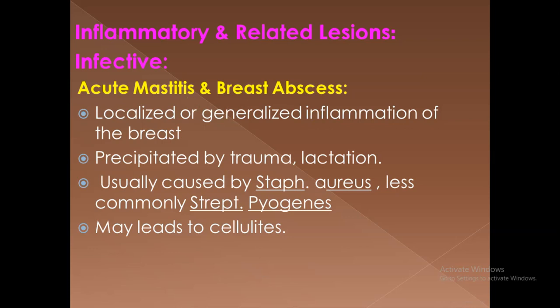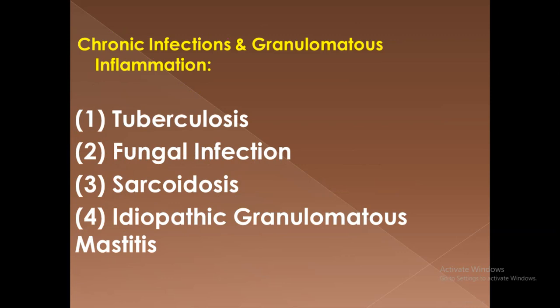In acute mastitis, it can be either localized or generalized inflammation of the breast, and it can be precipitated by trauma or lactation. The most common causative microorganism is Staphylococcus aureus, and less commonly it can be caused by Streptococcus pyogenes. Commonly it can lead to cellulitis.